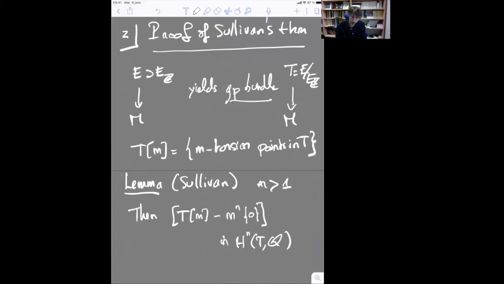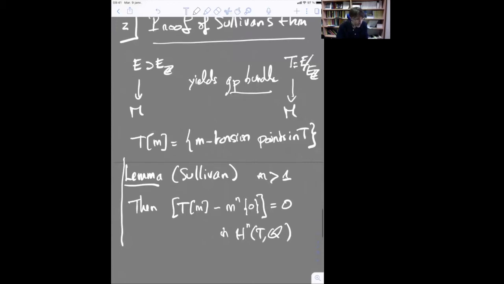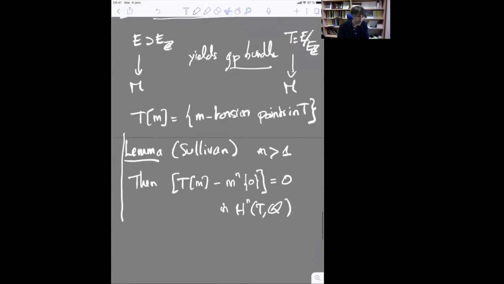And I will consider the rational cohomology, and in rational cohomology, this class is 0. And this theorem is very easy.